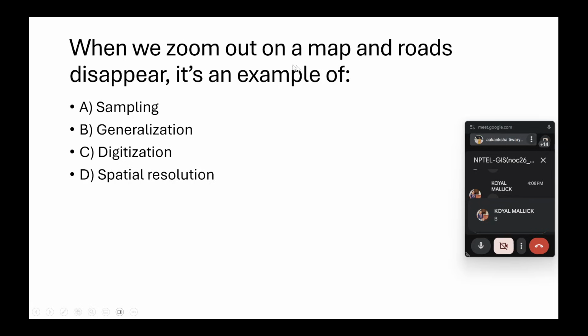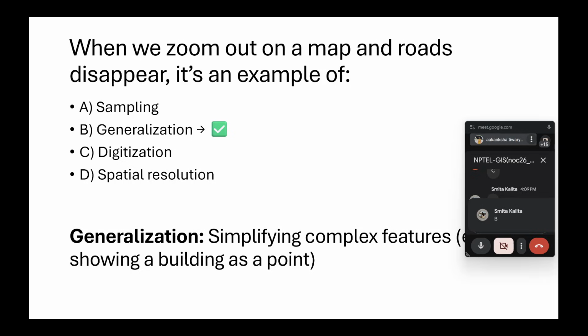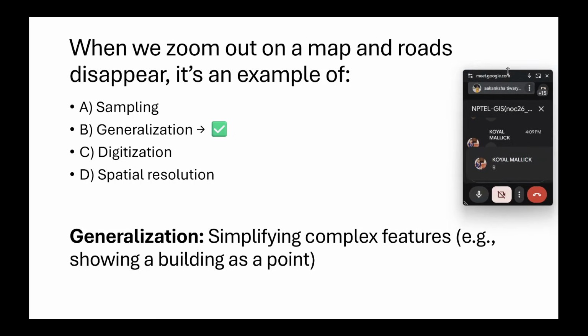Now, if we zoom out on a map and roads disappear, it's an example of what? Sampling, generalization, digitization, or spatial resolution. Okay, so it is generalization. What happens when you use any map on your phone or anywhere, when you zoom out, you don't want a messy map, so some features disappear.